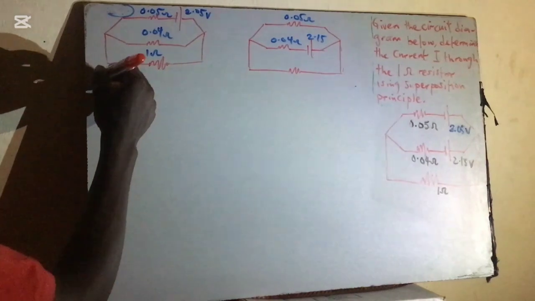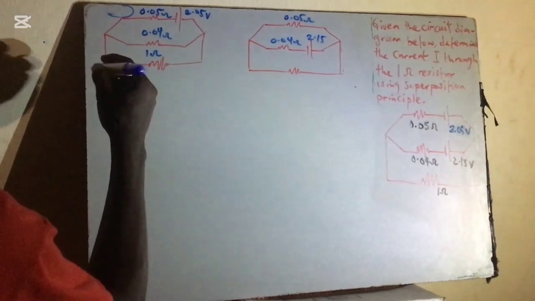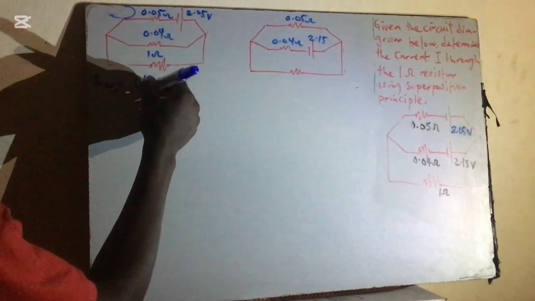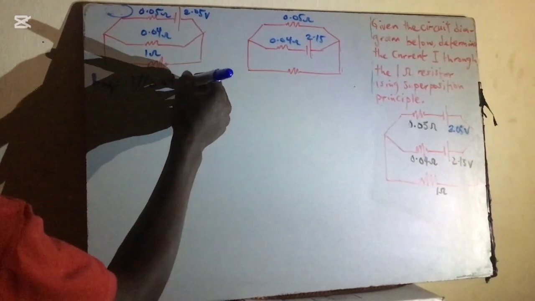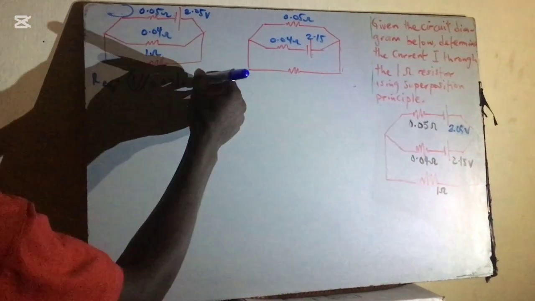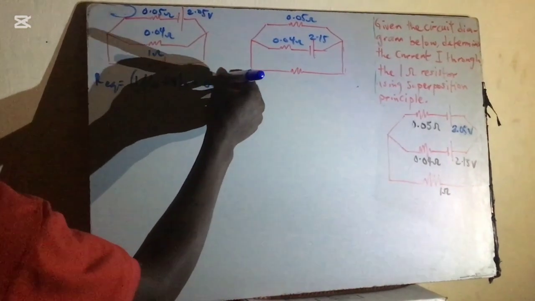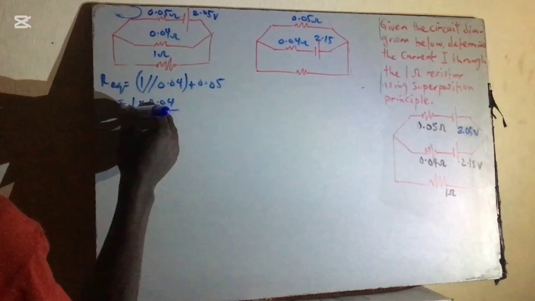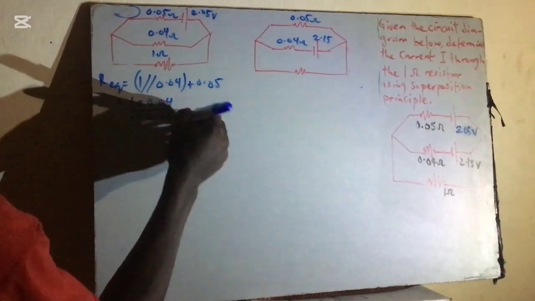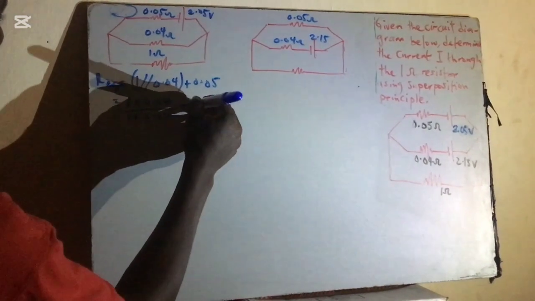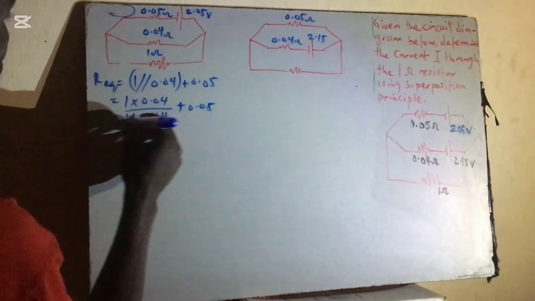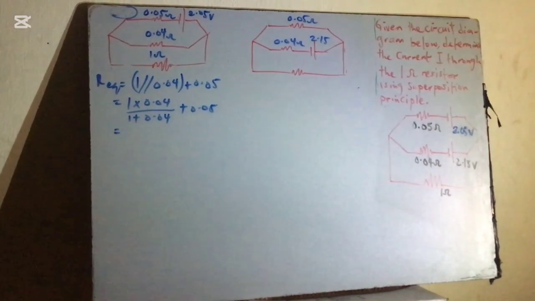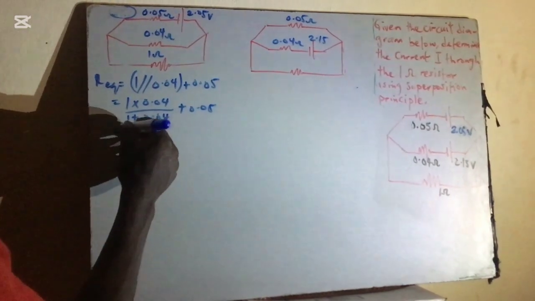So we'll be having the equivalent resistance: 1 in parallel with 0.04, plus 0.05. So that is 1 times 0.04 over 1 plus 0.04, then plus 0.05. When we calculate that, our equivalent resistance is 0.089.